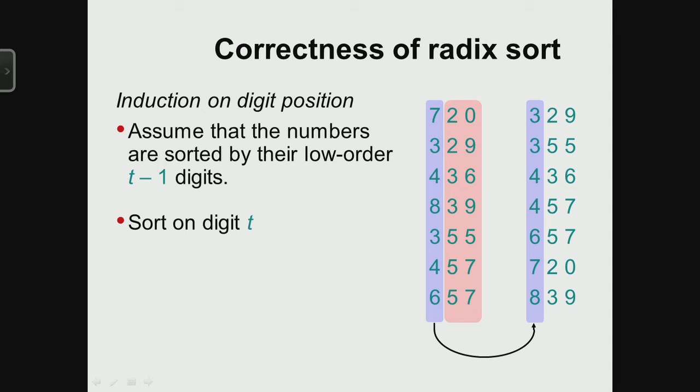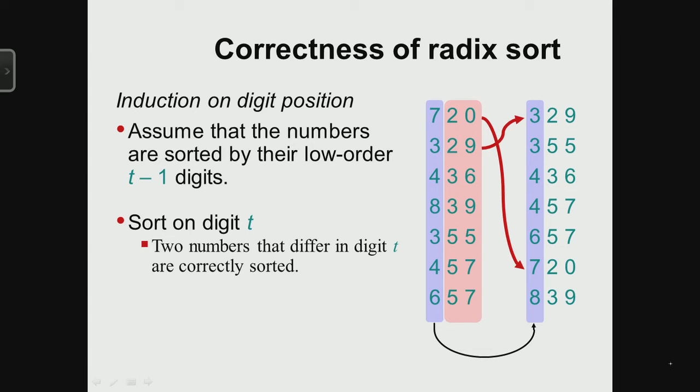It is a stable sorting algorithm, and let us look at two elements which are in the opposite order. In other words, 720 and 329, the first two elements, observe that they have exchanged their places, and 329 is smaller than 720 and 720 has gone to its correct location in the sorted array.